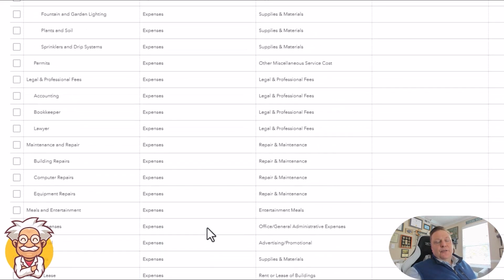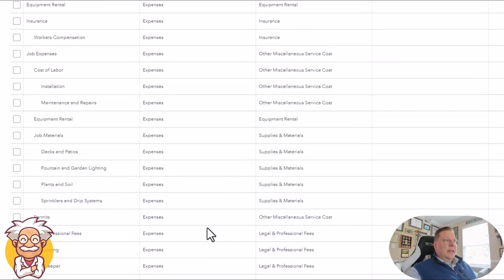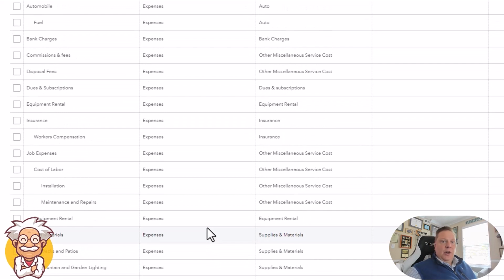So that's the basic format of chart of accounts. Again, you start with your assets, current, then you move into your fixed assets, followed by your long-term assets. Then you move into your liabilities, current and long-term. Follow that up with your equity accounts. And then we get into your income and expenses.